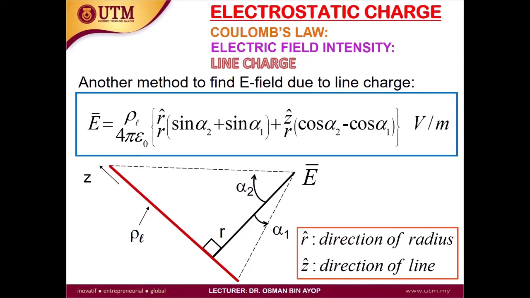Next, we go to another part, which is how to determine the E field at a certain point due to the existence of a line charge. Based on this figure, I want to find out what the electric field is at this point due to the line charge here.